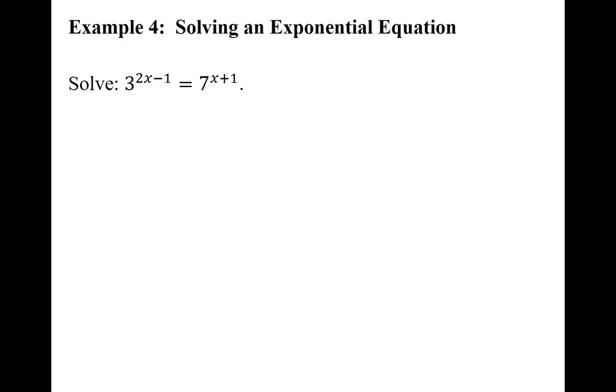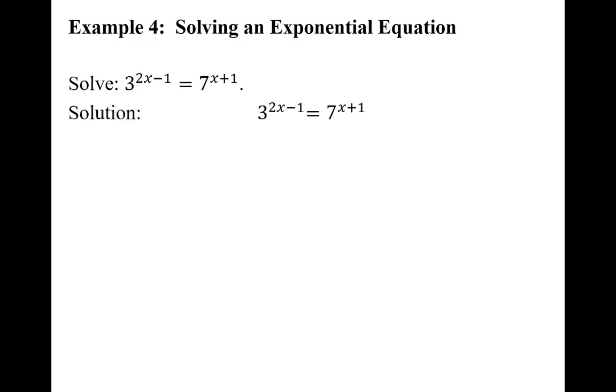Three to the 2x minus 1 equals 7 to the x plus 1. It'd be real nice if we could use the same base and set the exponents equal to each other, but unfortunately there is nothing shared base-wise with a 3 and a 7.